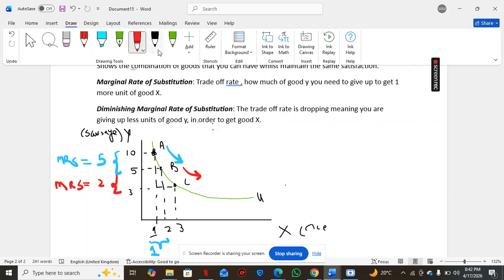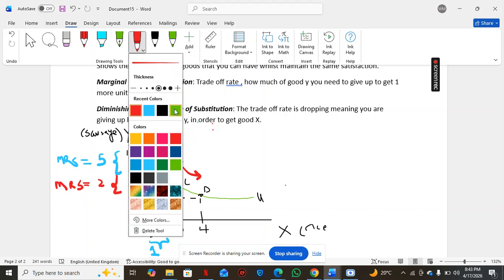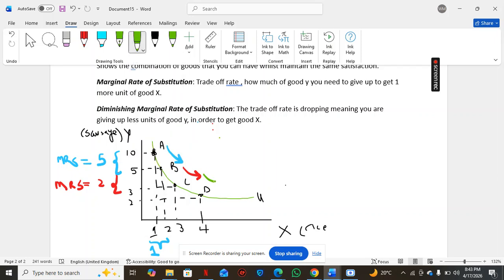Okay. We can even add a point D here. Let's say here this is 2 and here 4. So moving from point C to point D, you have given up one sausage. Marginal rate of substitution is 1.